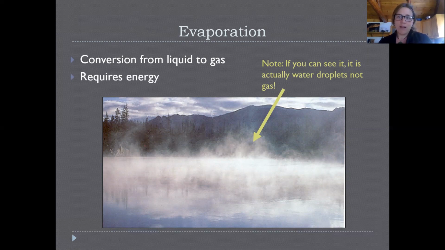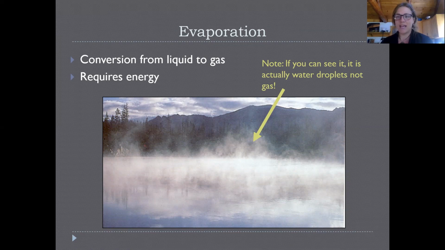But another thing that I want to mention about evaporation is that it is a process that requires energy. If water is going to be evaporated, it needs to pull energy from its environment to allow that evaporation to happen. And in that process, it actually cools down its environment.